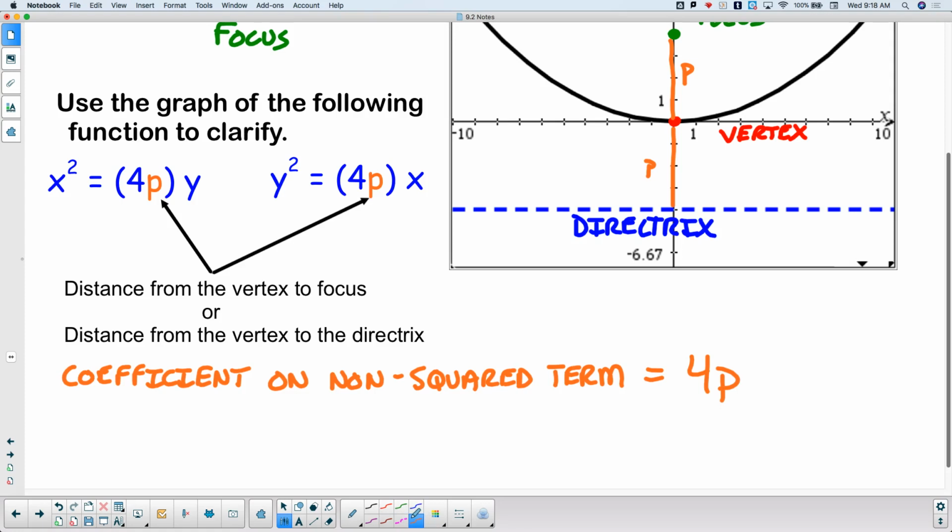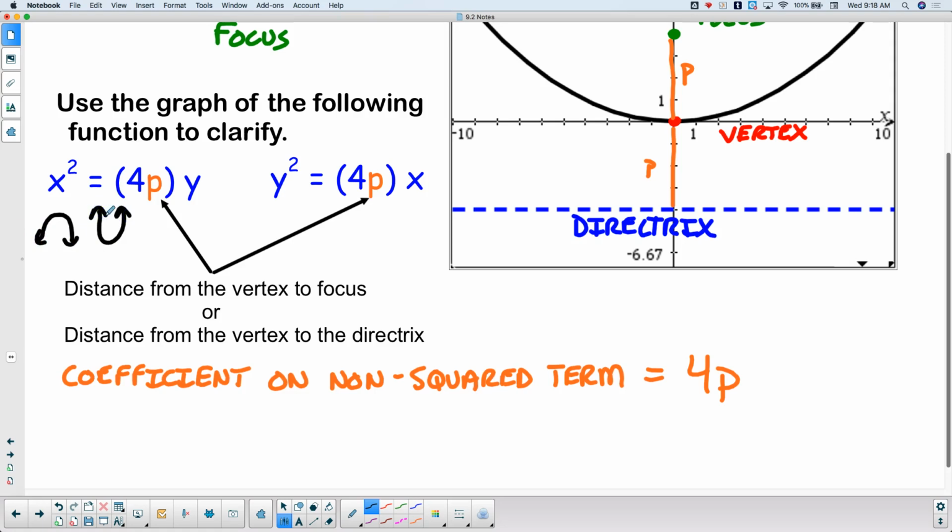So the coefficient on the non-squared term is equal to 4p. If I'm in an x squared case, that is an up or down opening parabola.